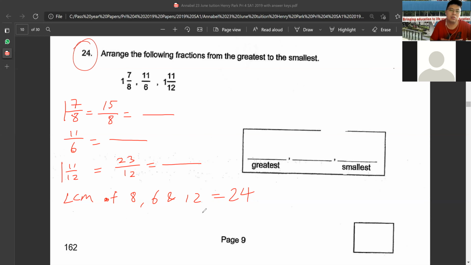Okay. So everything, how many over 24? This one is how many over 24? You tell me 15 multiplied by 1. 24. What must I fill out here?